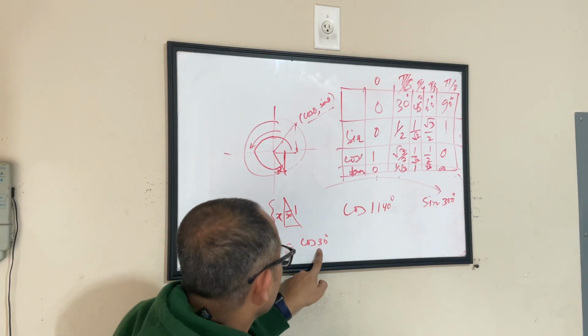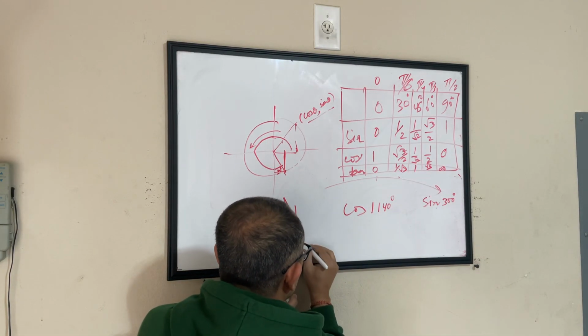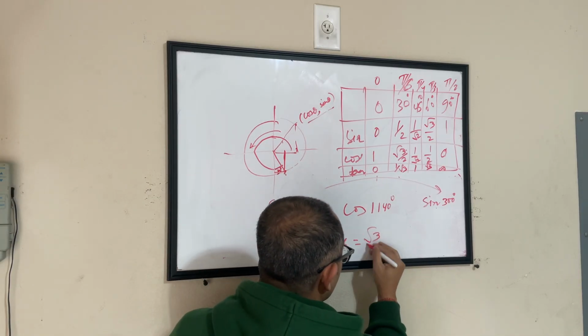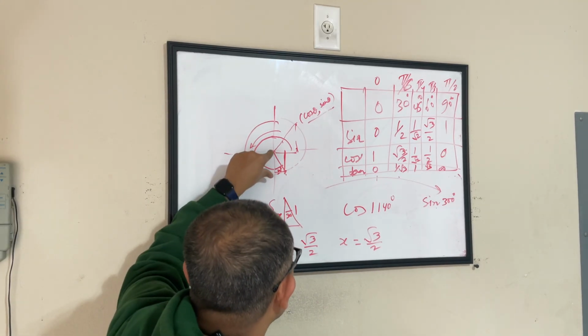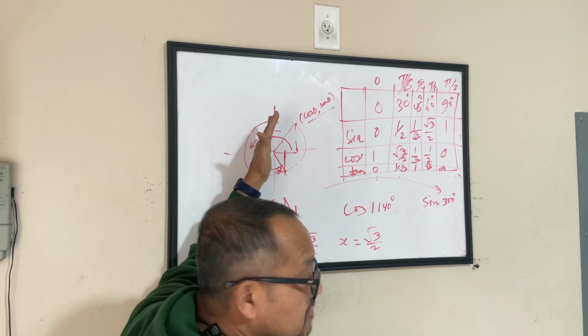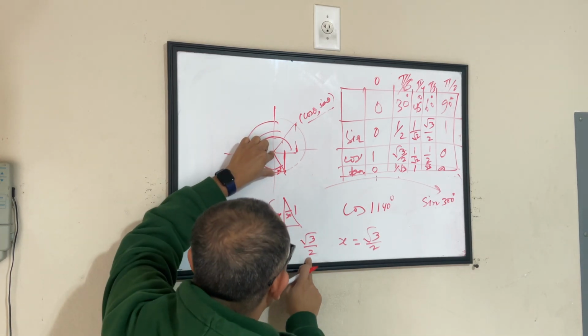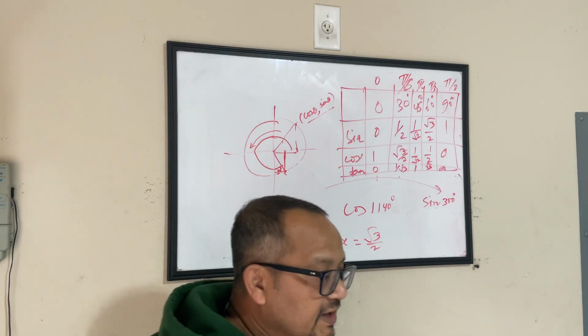Now we already know cos 30 degree is root 3 by 2. So that gives me the value of x as root 3 by 2. This is my absolute value. This just gives me how long it is. Whether it's positive or negative, we will again determine by looking at the unit circle. So now we found this absolute length as root 3 by 2. Since this is in the negative direction, I'll put a minus to it and that should be my answer.